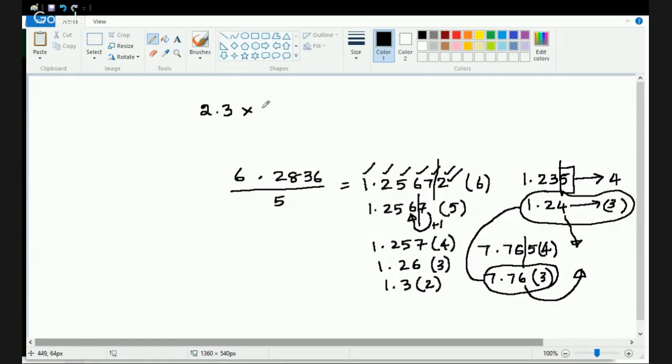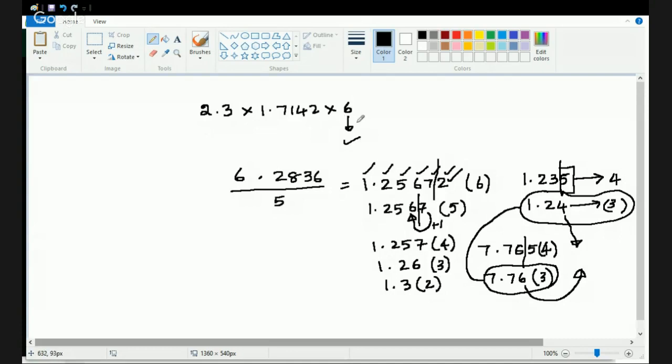2.3 you have to multiply with 1.7142 into 6. Actually, you are asked to multiply 3 numbers like this. Out of the 3 numbers, the least number of significant digits is 1, in the 6. Am I right? Only one significant digit is there.